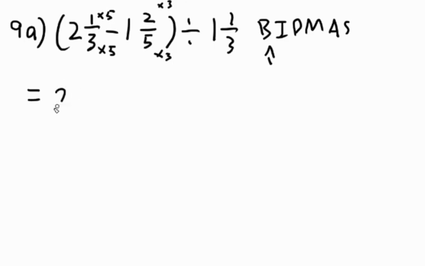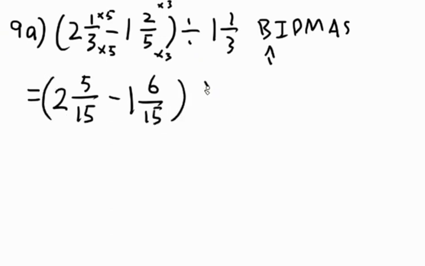So we get 2 and 5 over 15 minus 1 and 6 over 15, bracket, divided by 1 and 1 over 3.